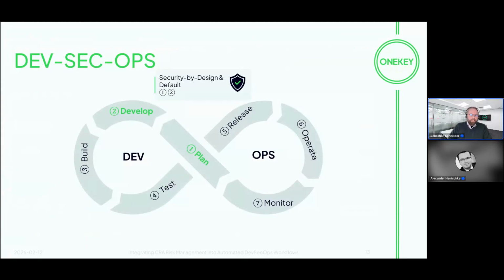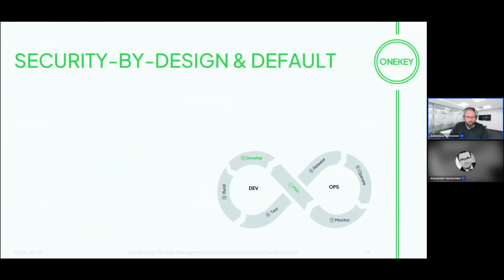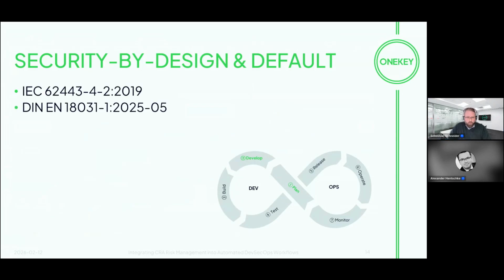Then security by design and default. This is really relevant for the development and planning phase. And to get you started here, you could definitely look into IEC 62443, especially part 4-2, which has security requirements for devices in industrial automation and control systems.